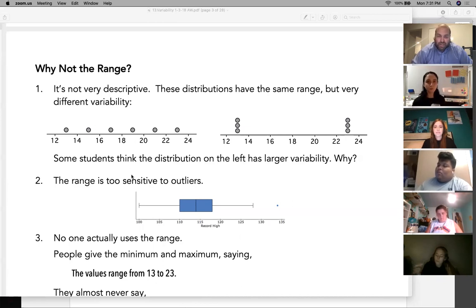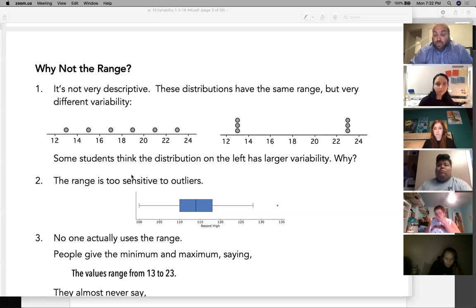It says some students think that the distribution on the left has a larger variability. It varies more because there's more options.